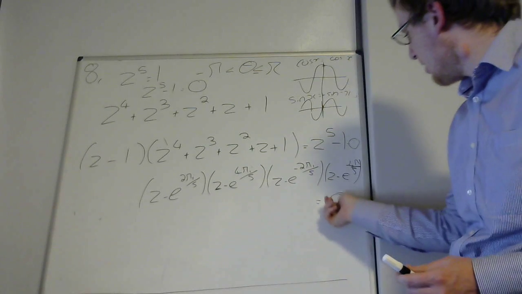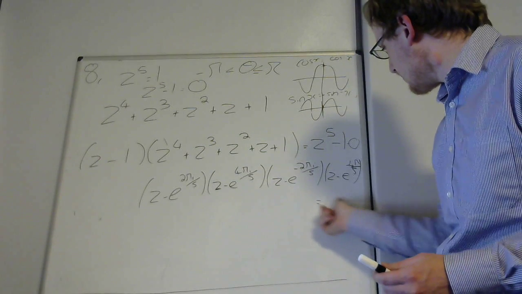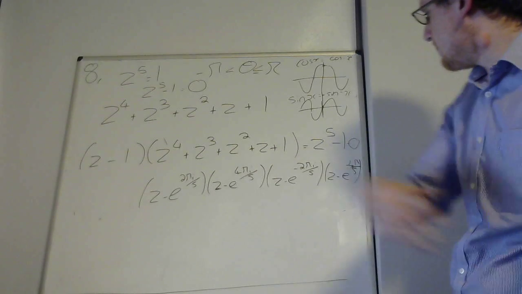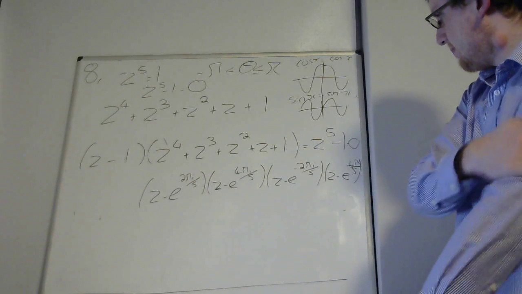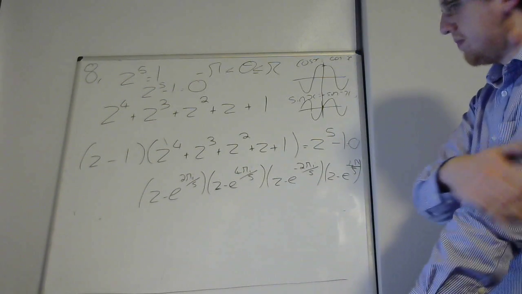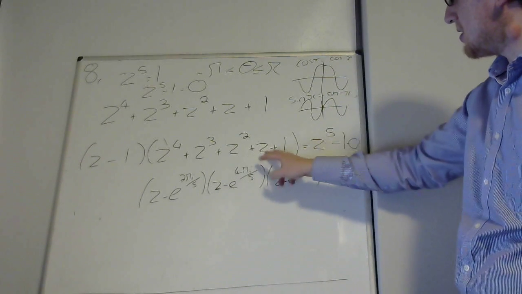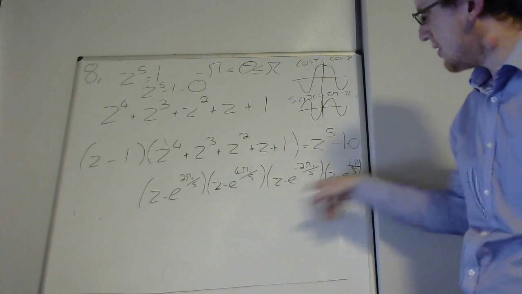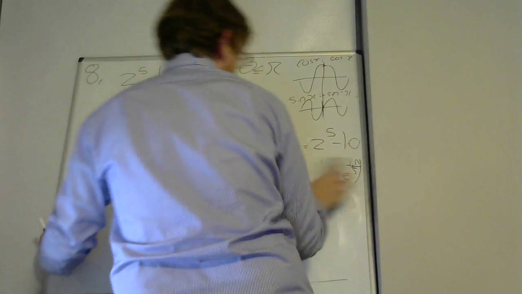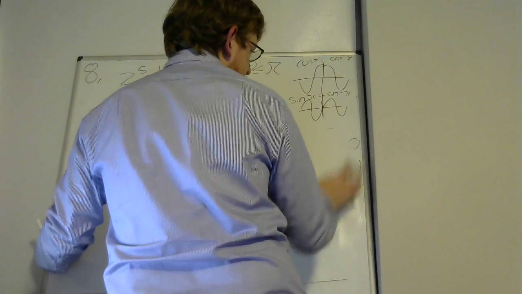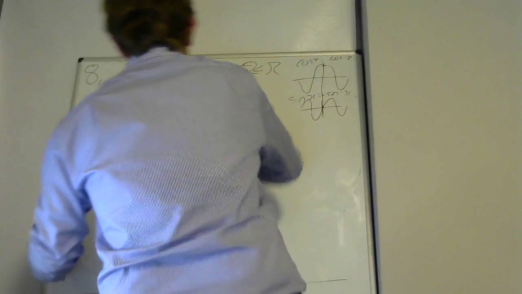So remember that z to the 4 plus z to the 3 plus z to the 2 plus z plus 1 is equal to this. So let's have a look at that, and I'm going to pair brackets in terms of their roots.